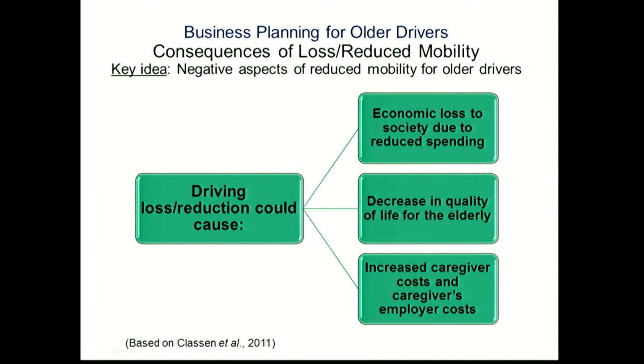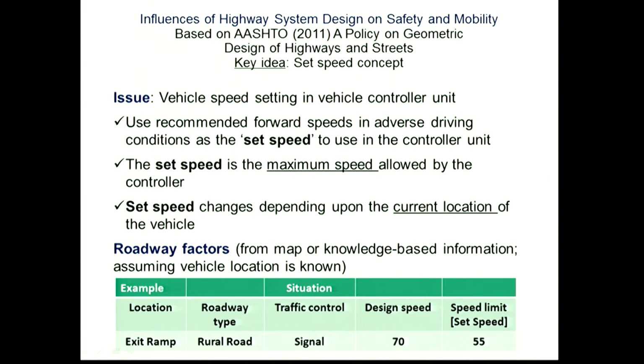And another area to think about is if you limit the mobility of older drivers, what are the losses? And we've heard, this is stuff that's been covered from another perspective today, and you're very well aware of.